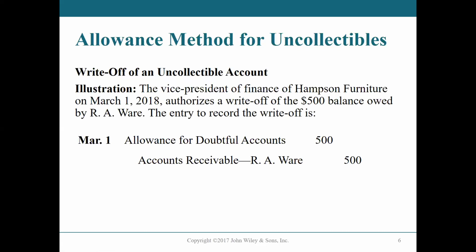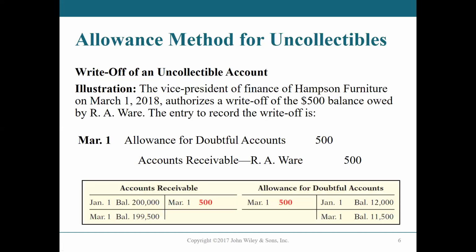So now RA Ware is going to no longer owe us anything. Okay. And our allowance for doubtful accounts balance is now 11,500, and our accounts receivable goes down.